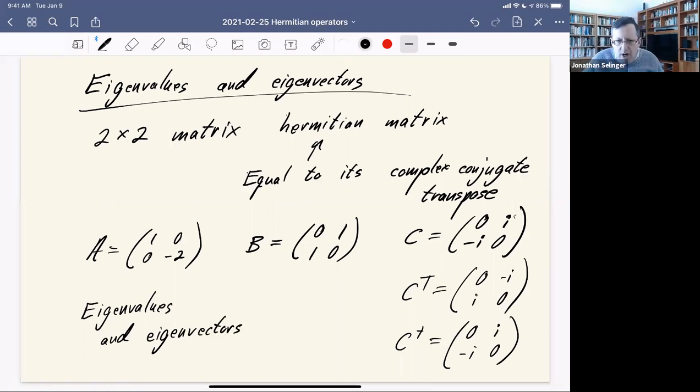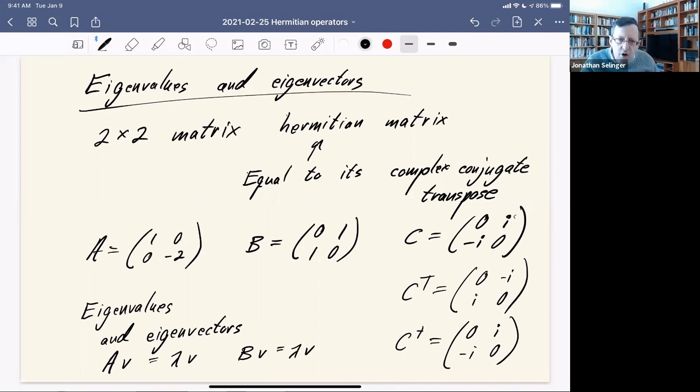We want to know what are the vectors V such that, for example, the matrix product of A acting on V is equal to lambda V, or B acting on V is equal to lambda V, or C. So let's try to figure out an example.